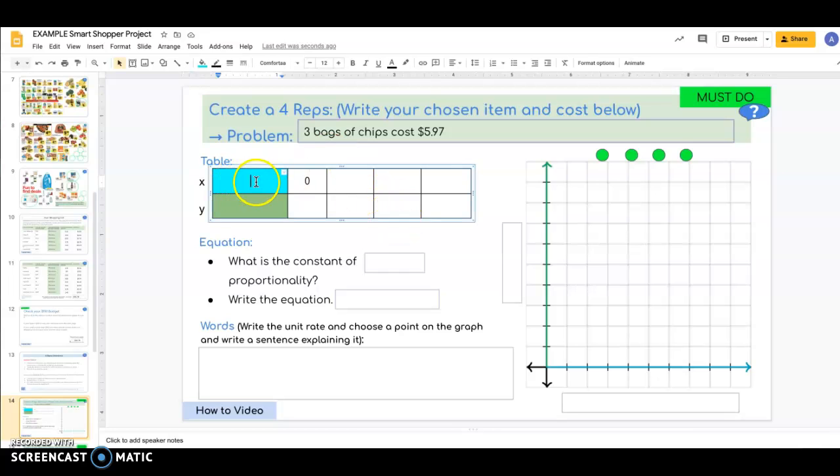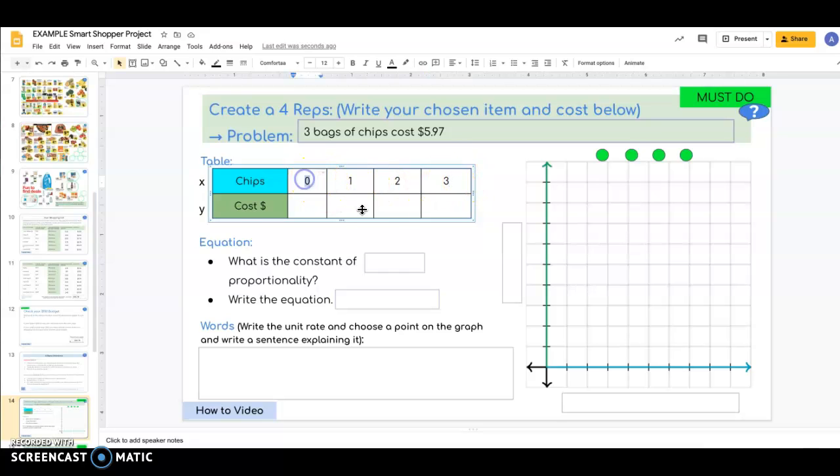And then I need to identify my X and Y values, which in this case it would be bags of chips, and this would be the cost. So if I had 0, 1, 2, and 3 bags of chips, how much would those things cost? And you can decide what the values of X will be here.